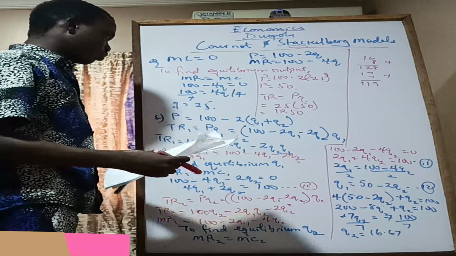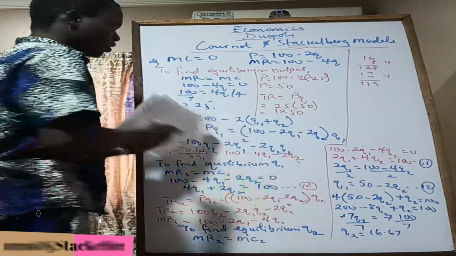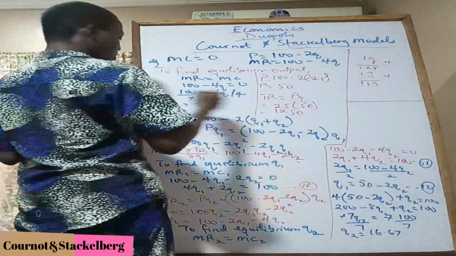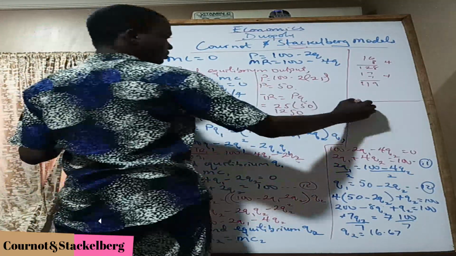Now, how do I get my Q1? I can come back, since Q1 is 50 minus 2Q2. I'm not really doing it sequentially, I'm just putting it on the board, but at least try to follow.